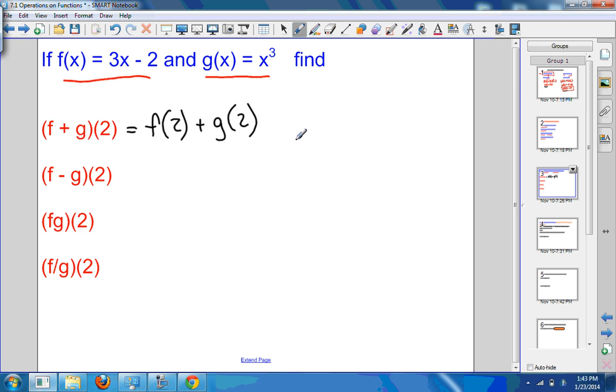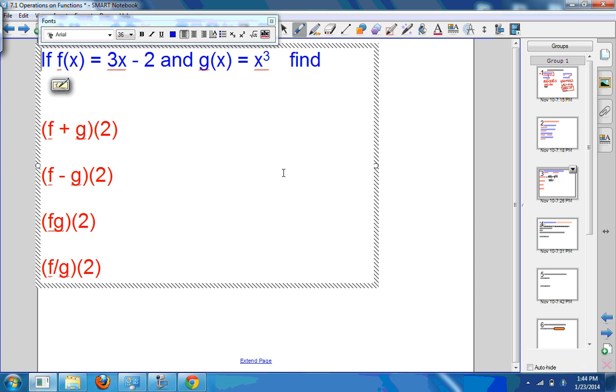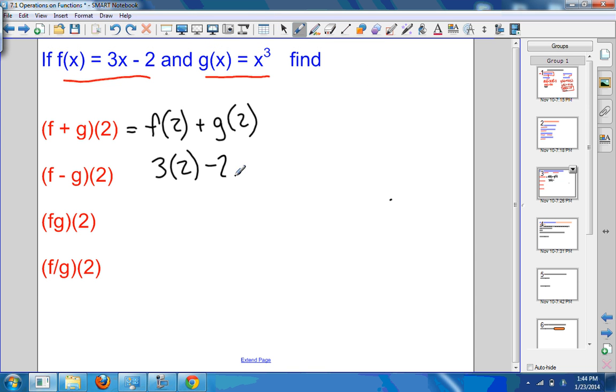To solve f of 2 and g of 2, I just plug in. f of 2 would be equal to 3 times 2 minus 2, plus g of 2 would equal 2 to the third power.